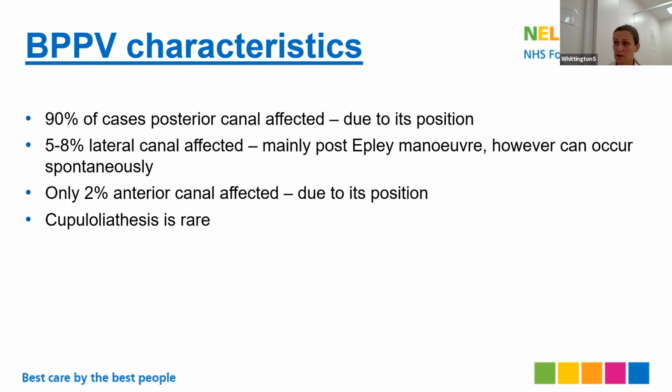I've just seen one patient in all the time I have been seeing dizzy patients where the anterior canal was affected, but due to its position, if someone's upright, gravity would just pull the otoconia out of this canal, and it is therefore self-limiting. And the cupulolithiasis, which I mentioned before, is very rare. It needs a bit of a different approach to treatment, but like I said, it's extremely rare. If you have a patient with BPPV, you're very likely looking at the posterior canal being affected.